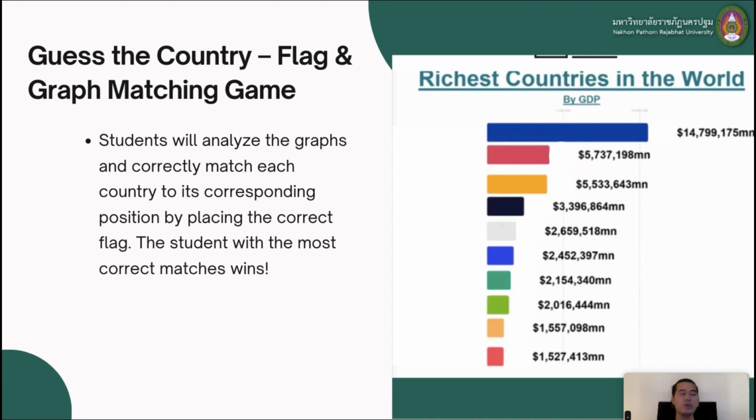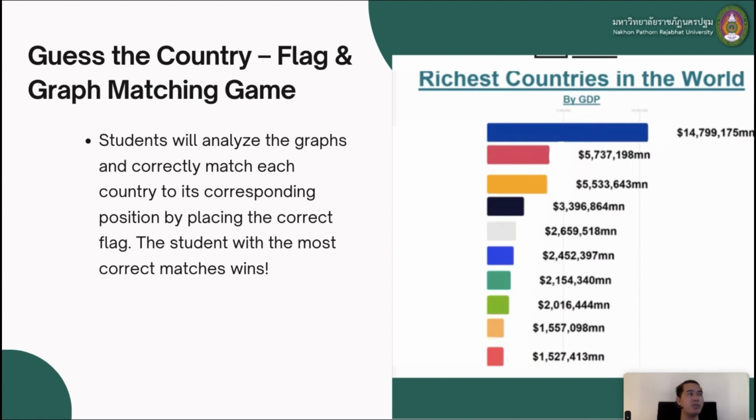If you are the team with the highest guess, you would win, of course. As you know, this is the richest countries in the world. There are so many big countries around the world, but you can think of the richest.